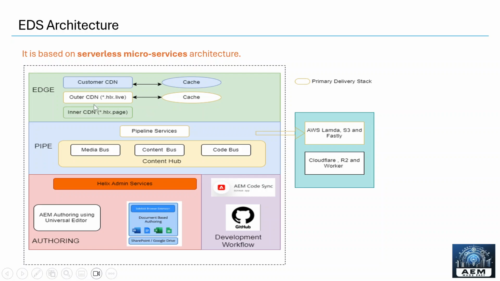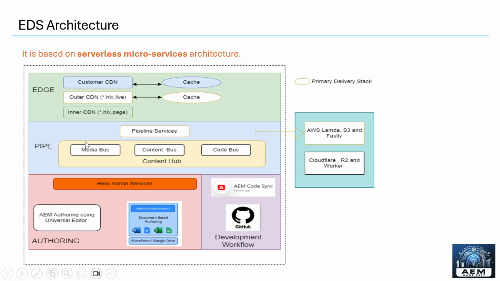One is the edge, which is responsible for delivery through an edge computing network or CDN. Then pipe, which is responsible for generating hypermedia from the markdown-based content.